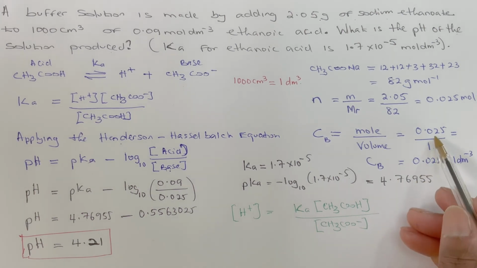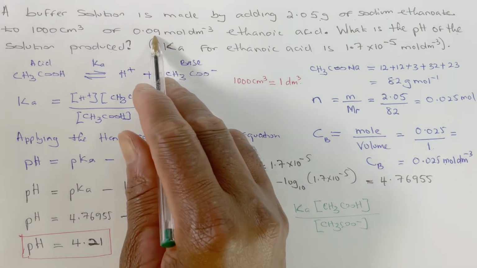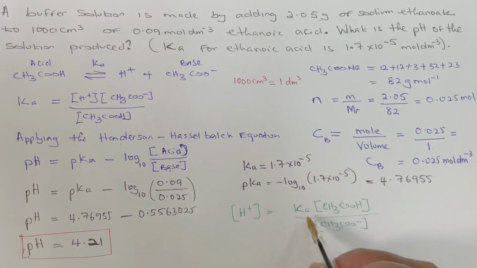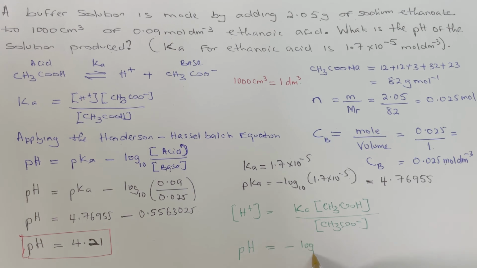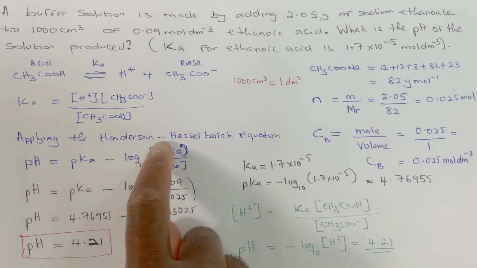You know the concentration of base, it goes there. You know the concentration of the acid, it goes there. You know the value of Ka, it goes there. And you can find H+. Once you find your H+, then the pH will be equal to minus log base 10 of the concentration of H+, and you should get 4.21. So that's another way of doing it if you're not using the Henderson-Hasselbalch equation.